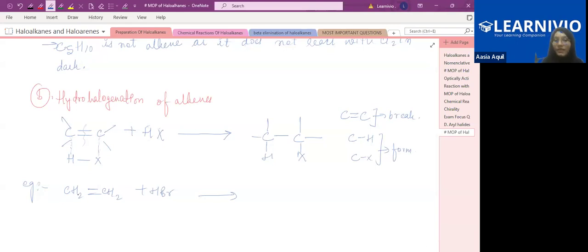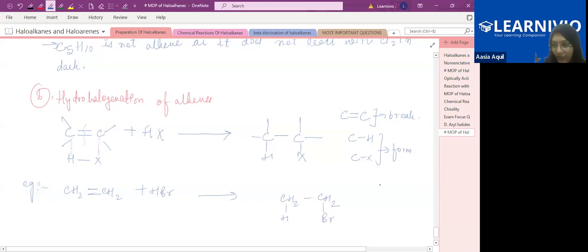When treating a symmetrical alkene with HBr or any halogen acid, the pi bond will break. To one carbon you attach hydrogen, and to the other carbon you attach bromine.